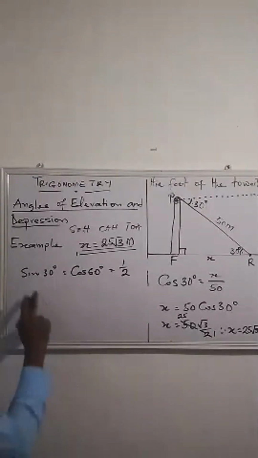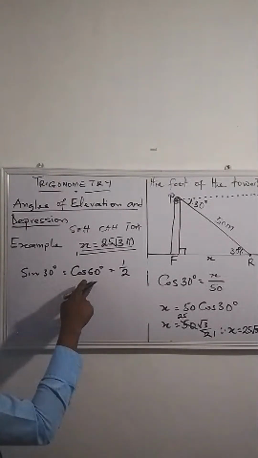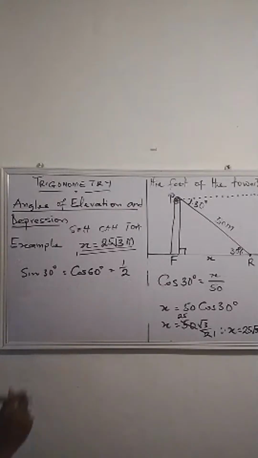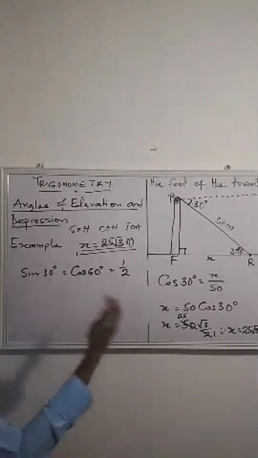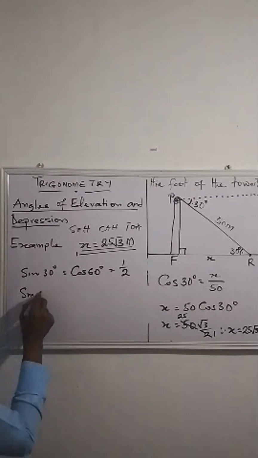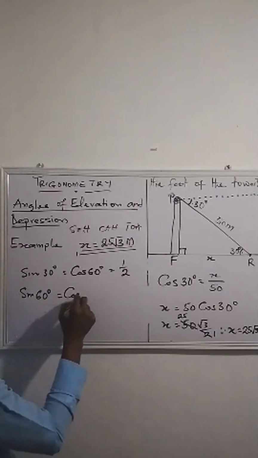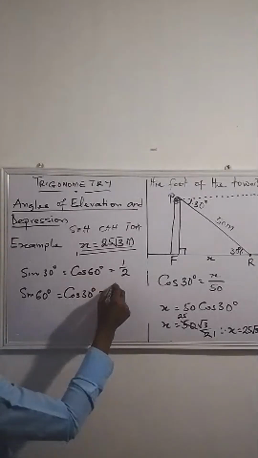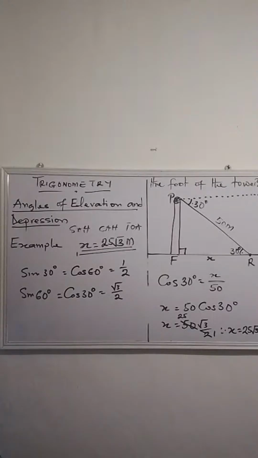You can see the relationship. Sine 30 equals cos 60 equals 1 over 2. So there may not be a need for you to cram all this. Also look at this: sine 60 degrees is the same thing as cos 30 degrees, and the value is square root of 3 over 2.